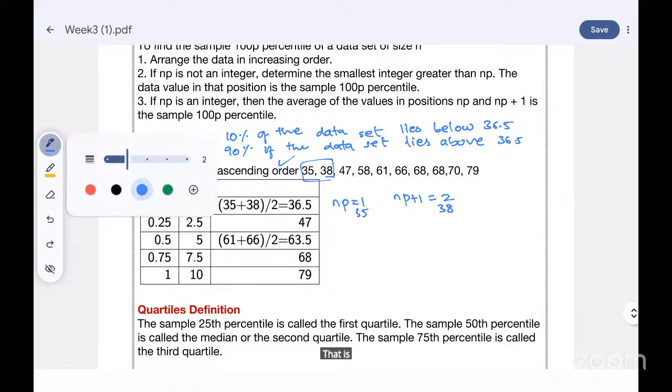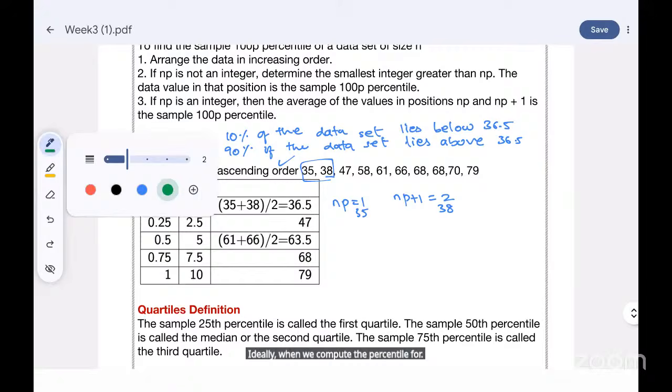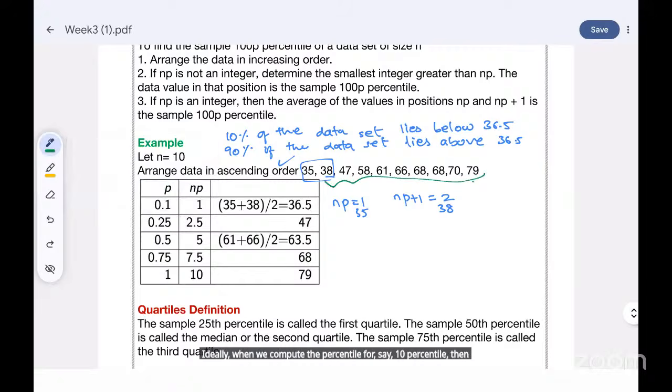Ideally, when we compute the percentile for say 10 percentile, then we do n into 0.1 and that's coming to first. So ideally it should be the first position, like 35. That is in the 10 percentile. Anything beyond that is a 90 percentile. Exactly. So why are we computing the average of 35 and 38?